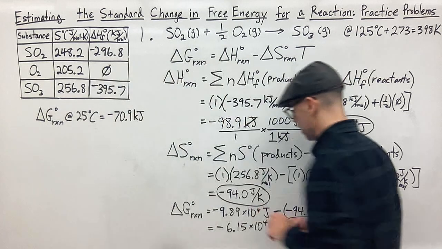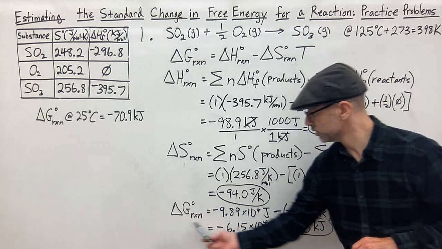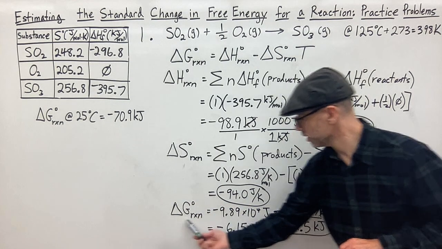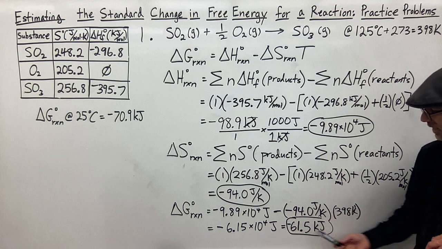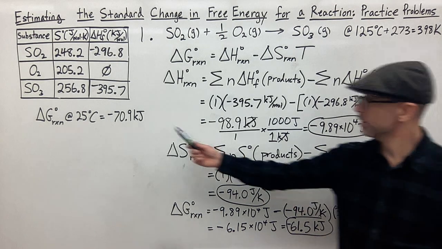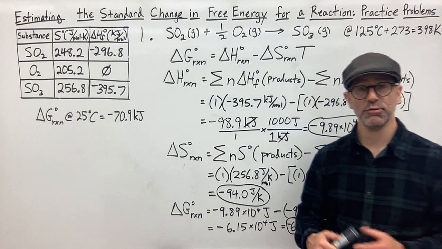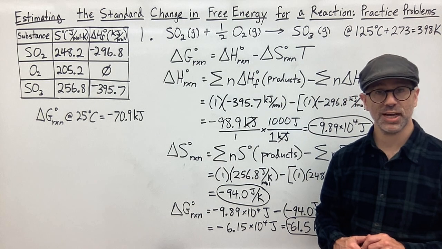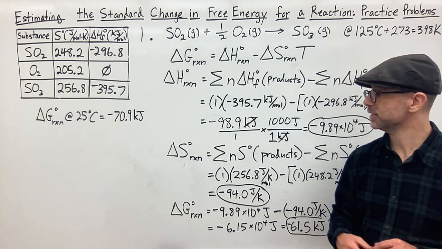If we compare this, our standard change in free energy here for 125 degrees is slightly less negative than at 25 degrees. The more negative the value of your delta G, your standard free energy of the reaction, the more spontaneous it is.